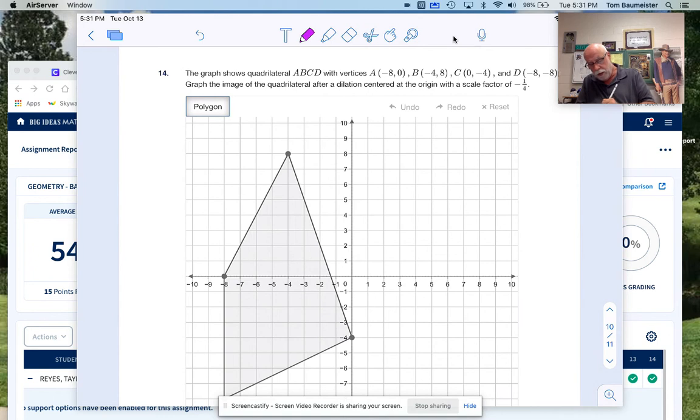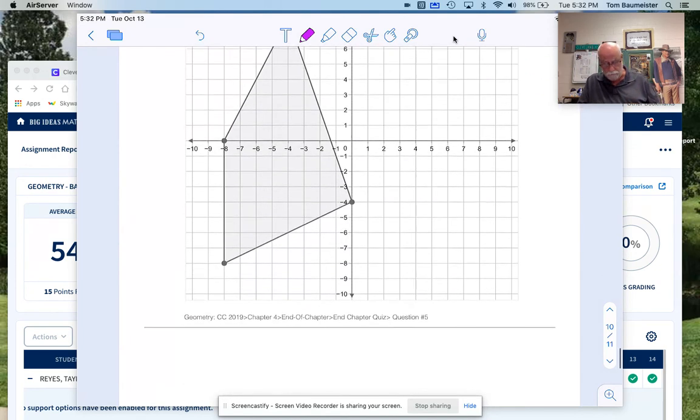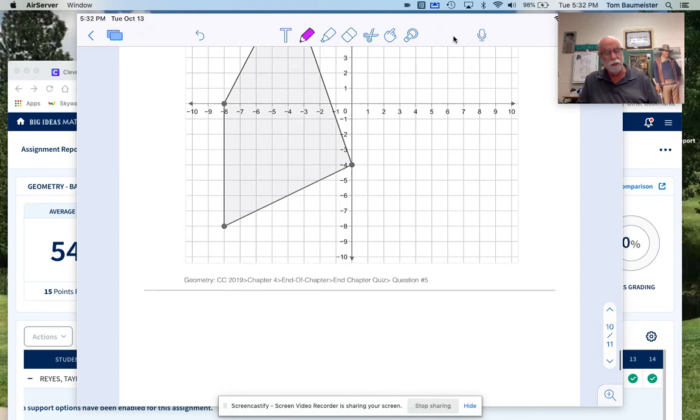So remember, the 1/4 means it's going to get smaller, and the negative means you're going to have a rotation. But again, ladies and gentlemen, that shouldn't matter. You should just plug in your points.